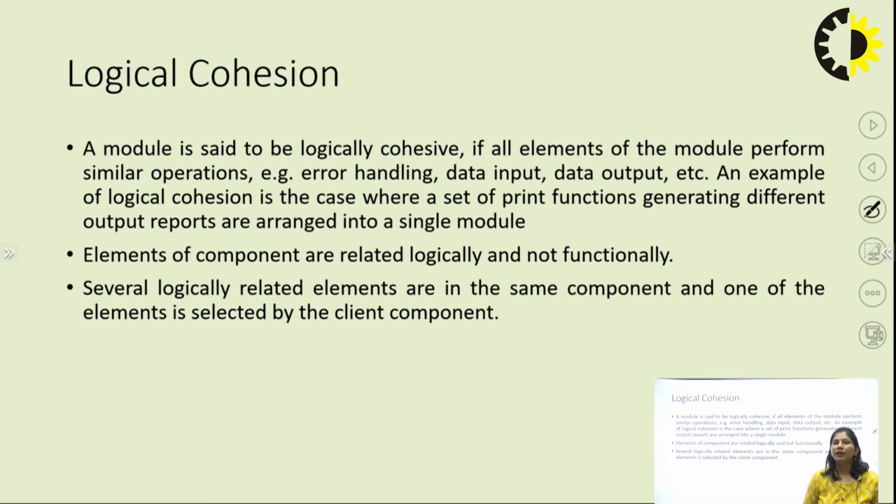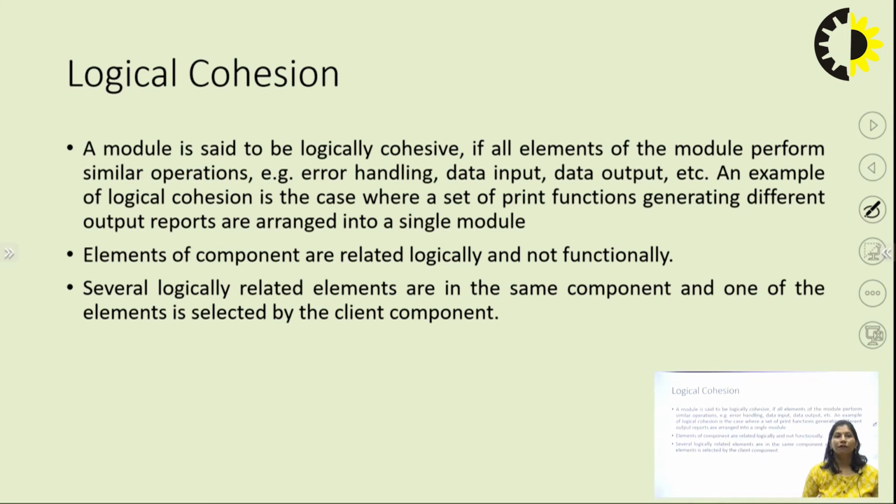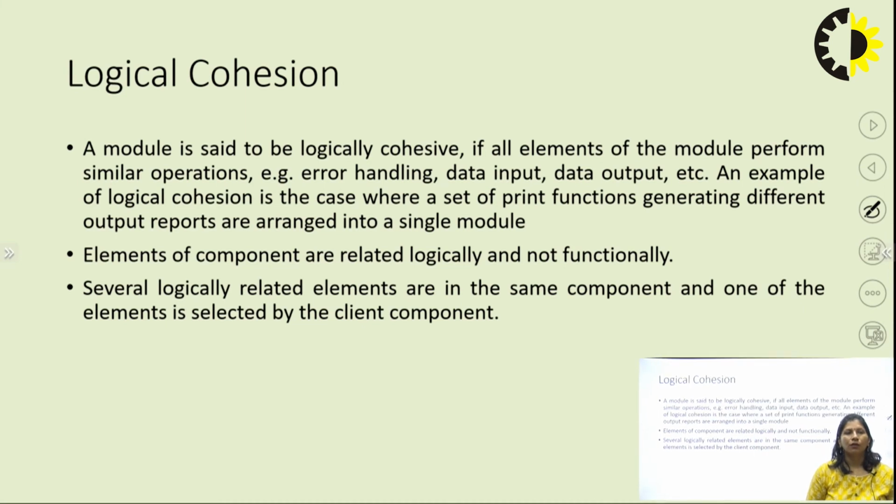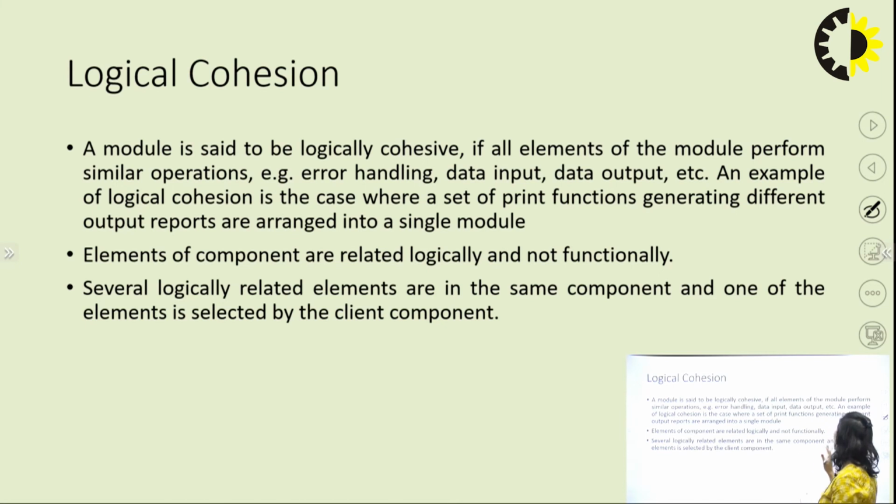Elements of a component are related logically, not functionally. For example, data input is there, and how the error handling will be performed. So several logically related elements are in the same component, and one of the elements is selected by the client component.